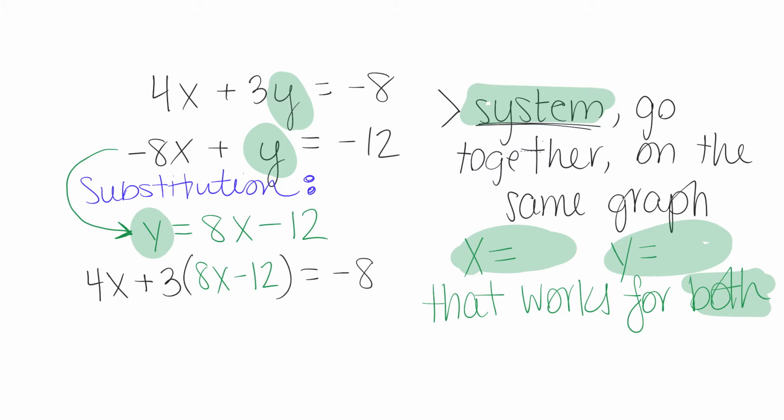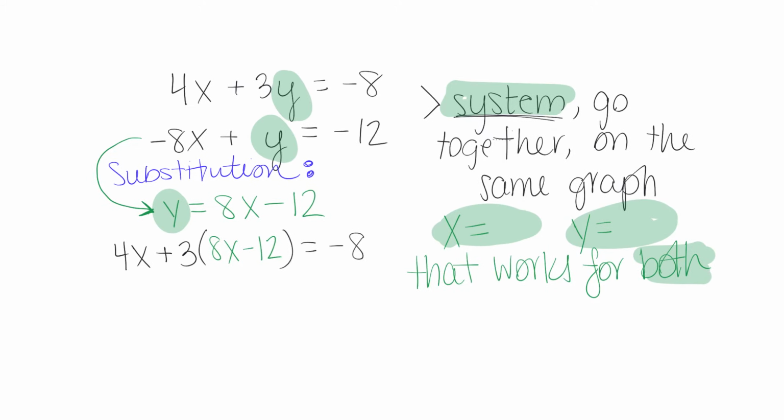So do you see how I substituted my y into y? Because they're a system, they have to work together. Let me give myself a little more room. So now, if you look really carefully at this, in this new equation, all I have are x's. See, there's only x's here.